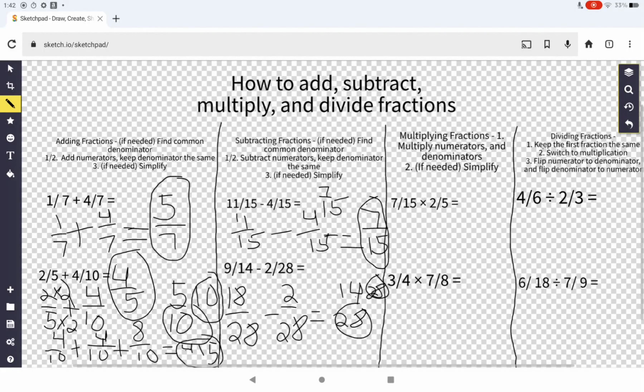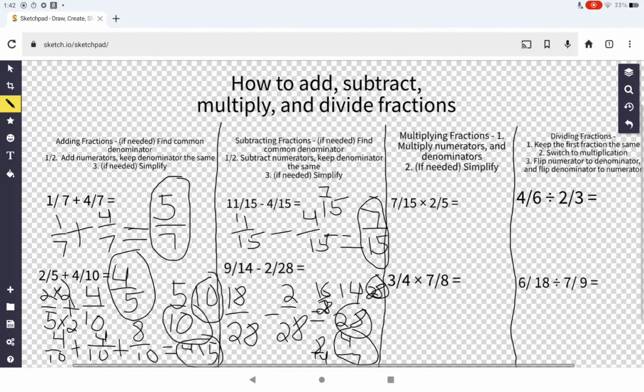Now we just subtract the numerators. So we have 16 over 28. It's kind of hard to write, but we got 16 over 28, and then we can simplify it. 8 over 14, and we can simplify that again to 4/7.